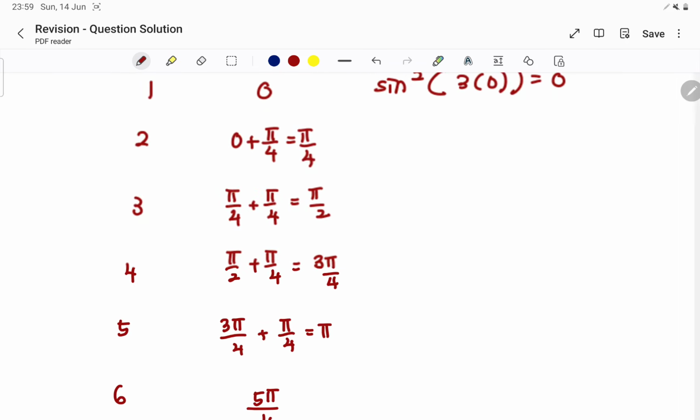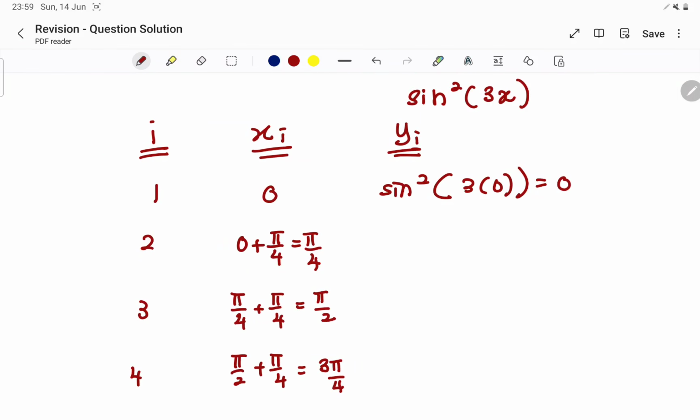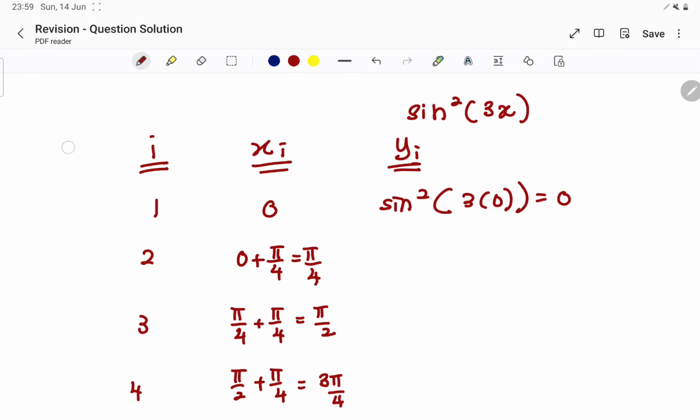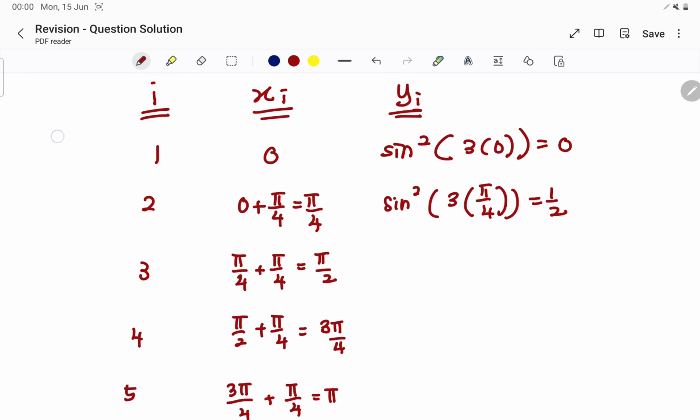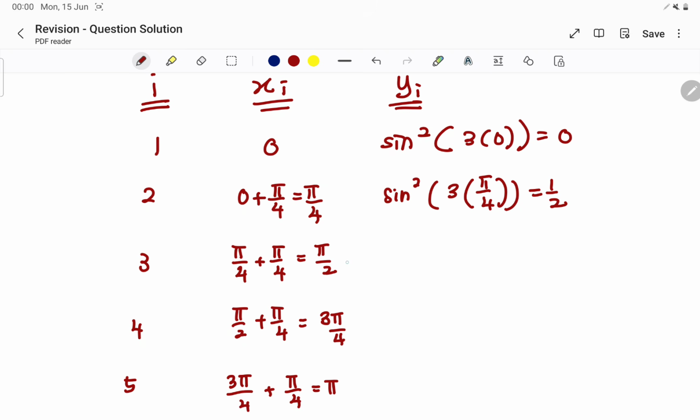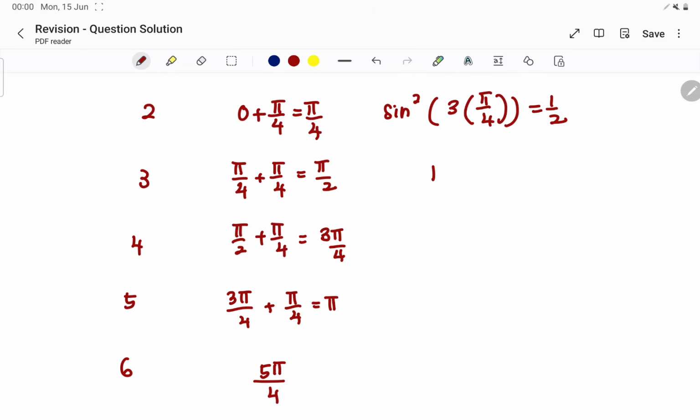From here, each value of xi you substitute into the function that we have. You get sine squared 3 pi over 4, and when you calculate, you get 1 over 2. Then when x is equal to pi over 2, you get 1. When x is equal to 3 pi over 4, you substitute into the function and get 1 over 2.